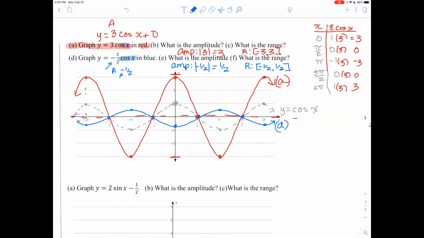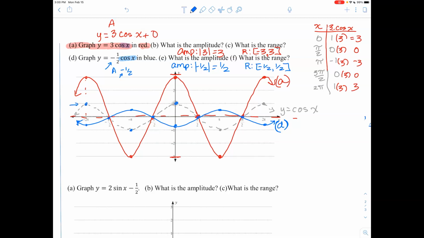All right, so hopefully you gave that a go and you were able to come up with this blue graph that I have here. You can see that because my A was negative, my wave flipped upside down. And basically what I did was I took all of my minimum and maximum points and I just multiplied their Y value times -1/2.